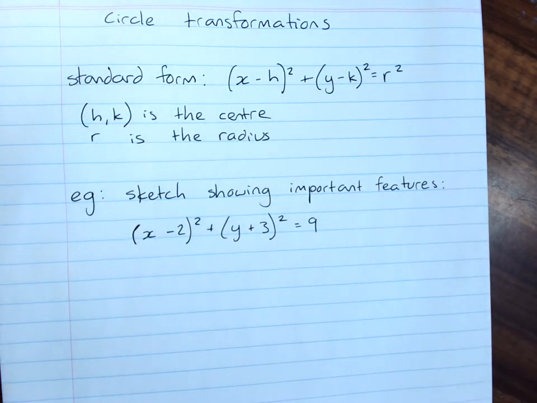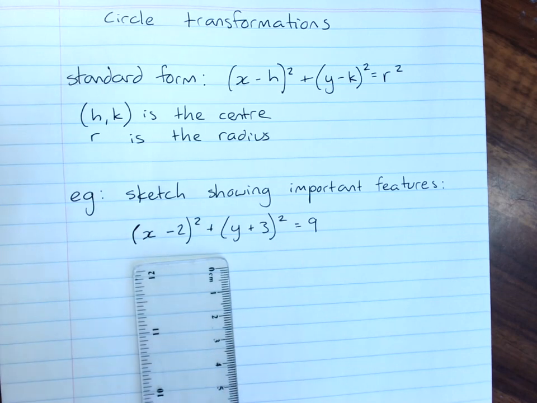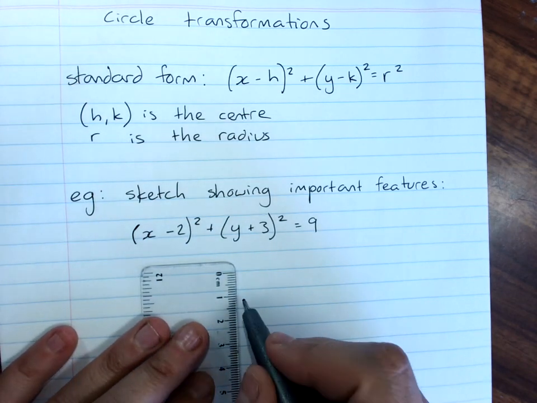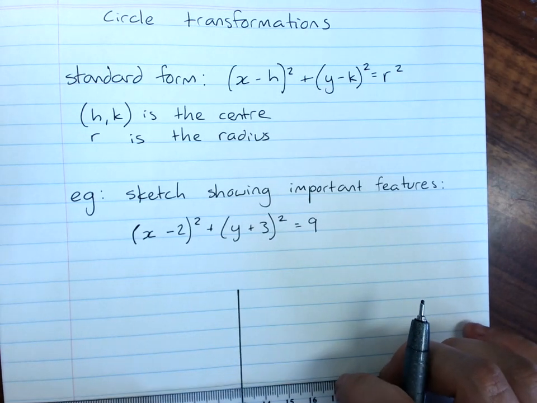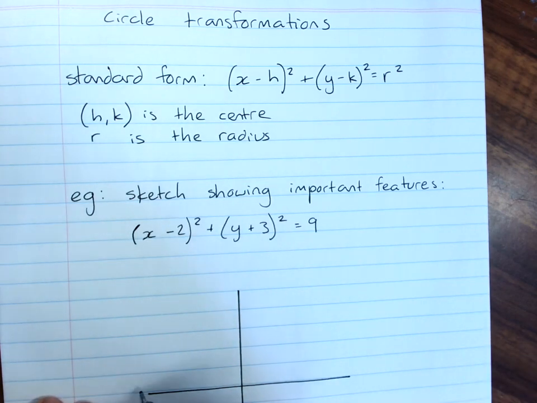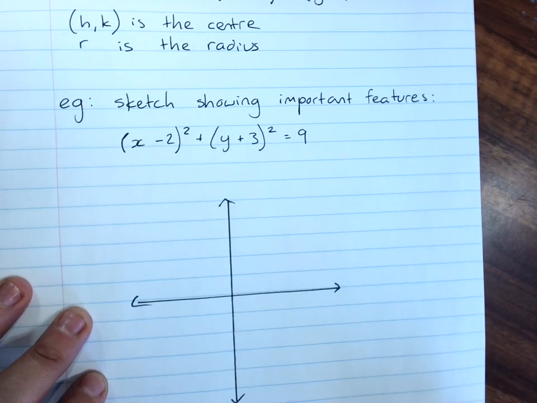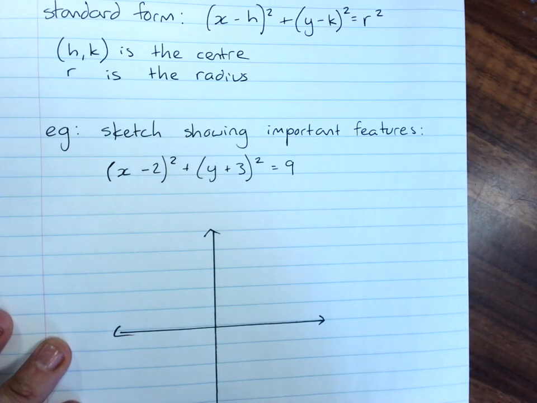So, when we're asked to sketch a circle, start with working out where your centre point is and be very aware of where that is in relation to your axes, because you can get really carried away doing the working out for intercepts and then find out that you didn't have to do it at all.